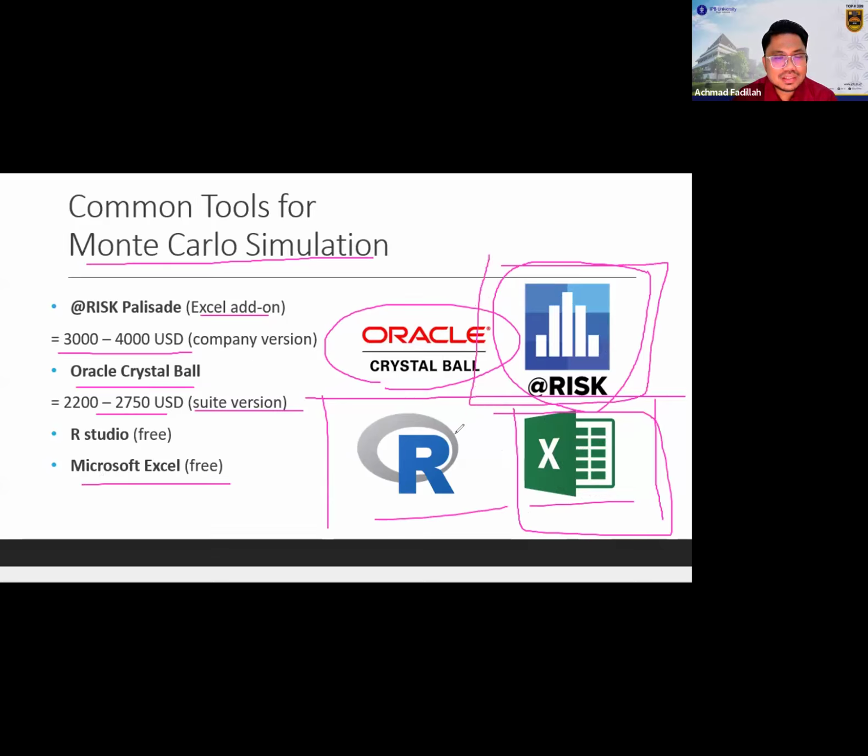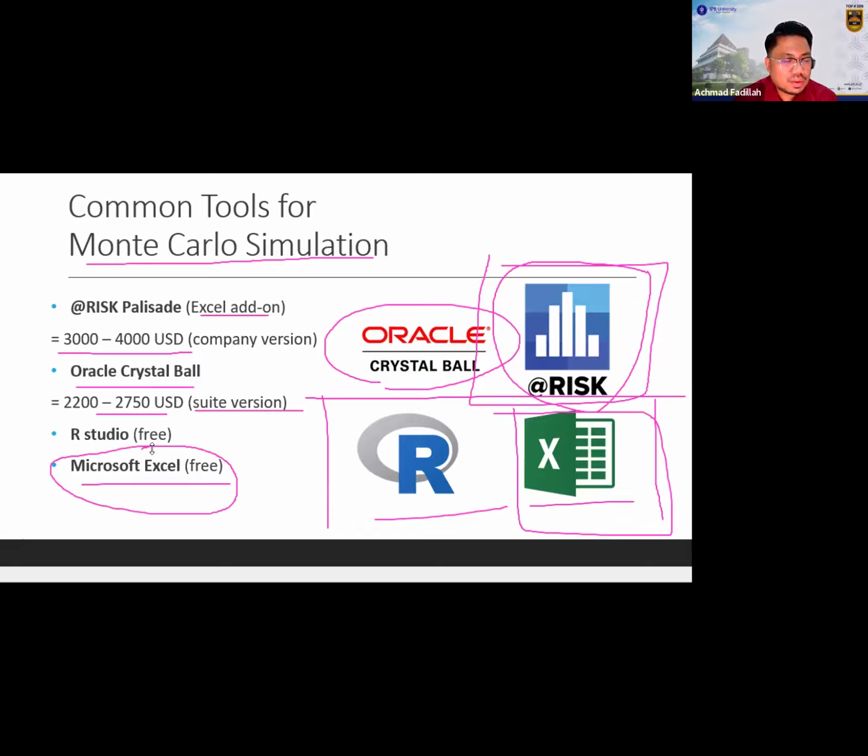So in today's exercise, we'll use Microsoft Excel. But many people don't use Excel with its valuable and powerful add-ins.